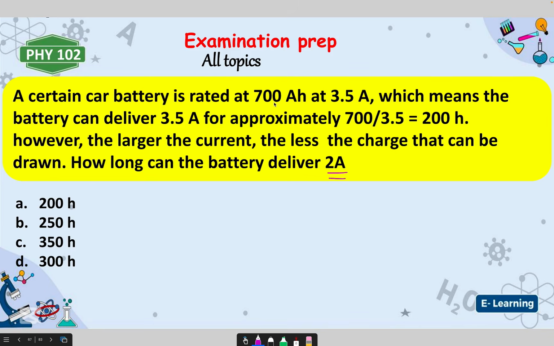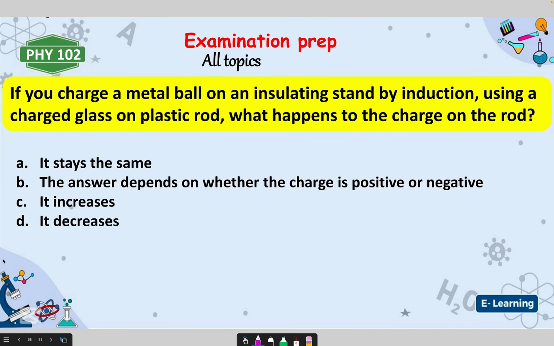If it is delivering 2 ampere, it is delivering less than it is rated for, so it will last longer, which will be 700 divided by 2, which is 350 hours. This one does not require you to solve much. Are you getting it? Option C.